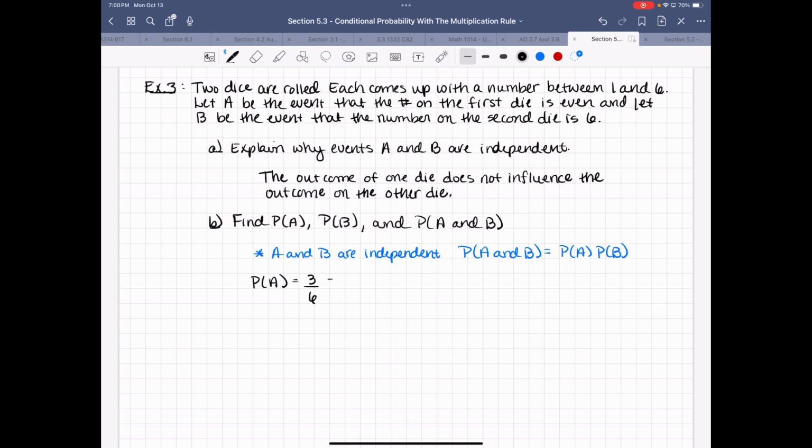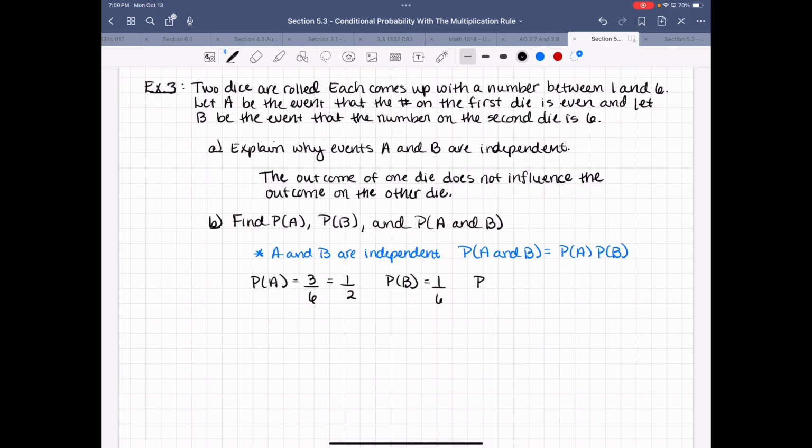So the probability that I get an even number is 1/2. Those aren't bad. The probability of B, okay, is the event that the number on the second die is 6. Well, that's 1. I only got a 6 on one side, right? Is 1 out of 6.